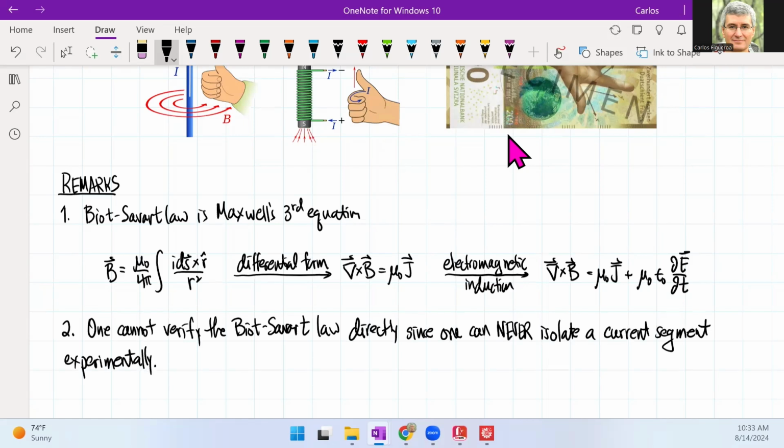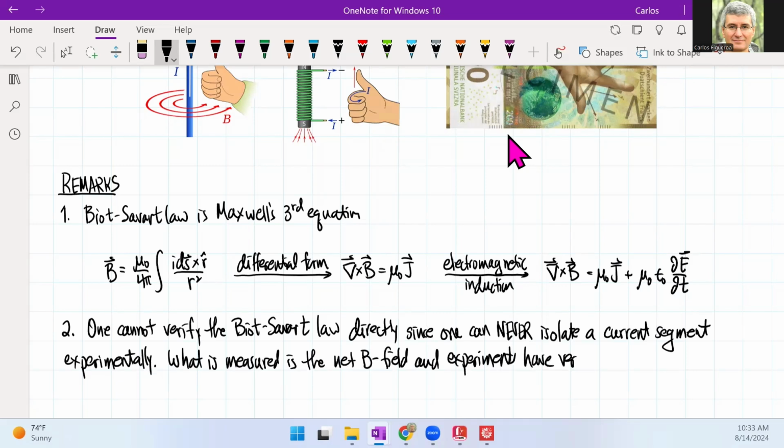I can't look at a single piece of current. What is measured is the net magnetic field, and experiments have verified these very well.